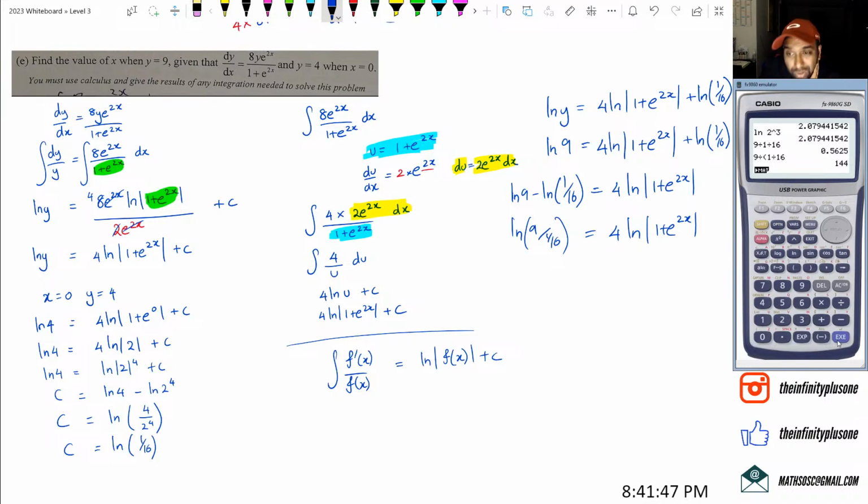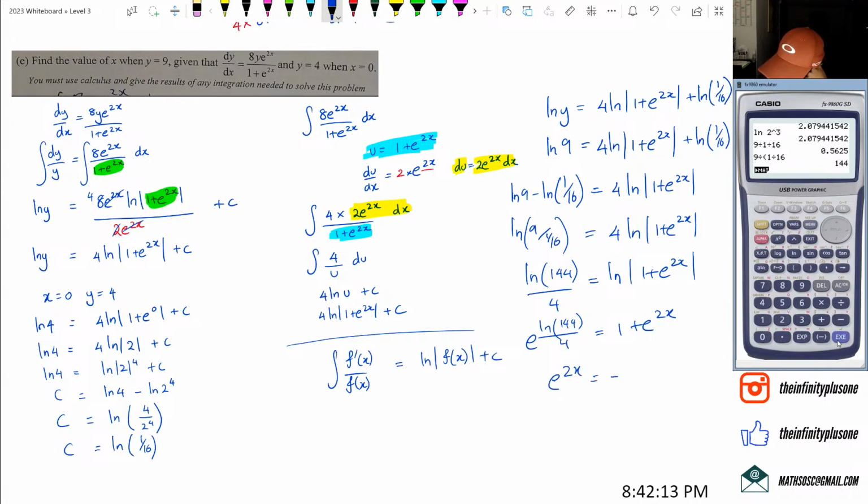Now I really want to get rid of that 4. Unfortunately, I don't think I can. So I'm going to get ln of 144 divided by 4 equals ln of (1 plus e to the power of 2x). So 1 plus e to the power of 2x is equal to e to the power of ln 144 divided by 4. e to the power of 2x is equal to e to the power of ln 144 divided by 4, minus 1.